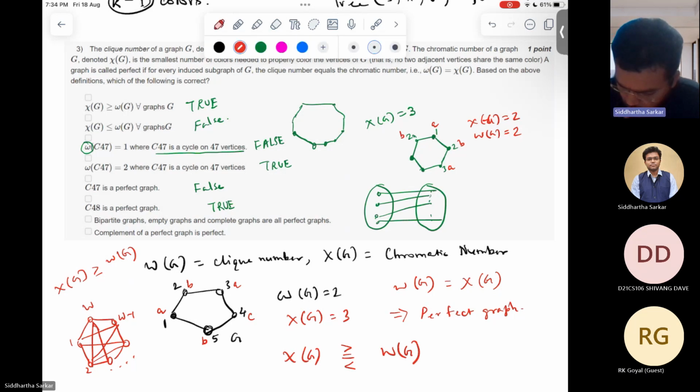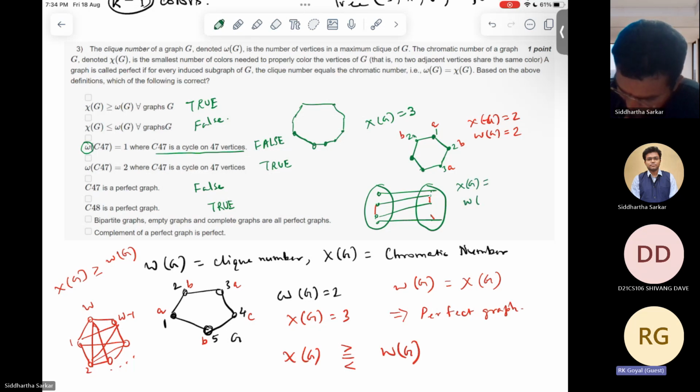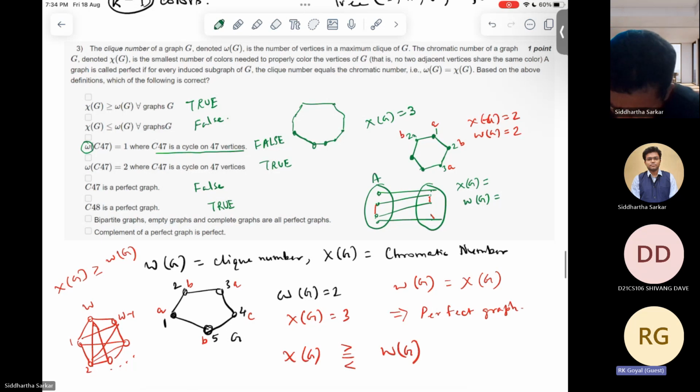So what is the chi value for this? And can we connect one vertex on the right hand side to two vertices on the left hand side? Yes. Okay.